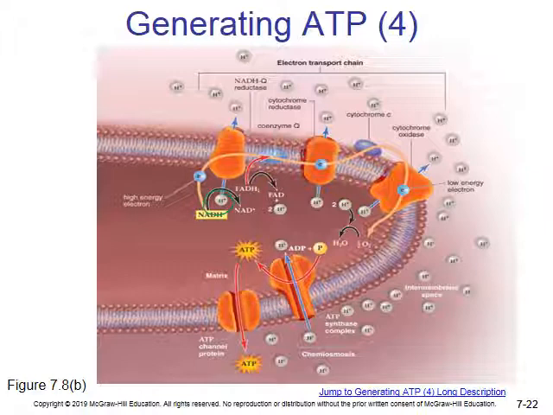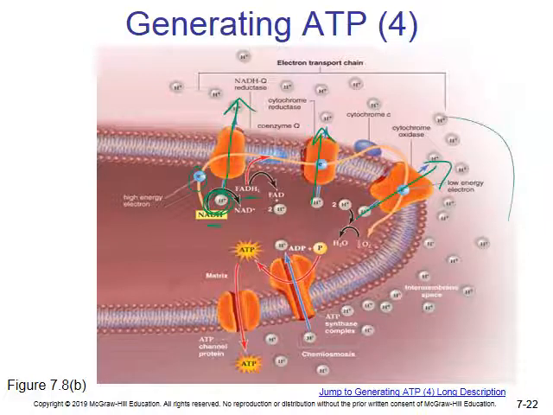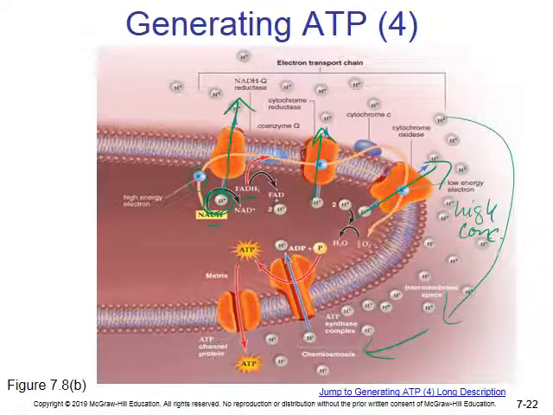Let's follow the hydrogens. We know that the NADH and the FADH drop off electrons, but they also drop off these hydrogens that are being pumped through the electron transport chain. The hydrogens are going to build up. Remember, I said they're high in concentration on the outside. So these hydrogens are going to build up and come to the other side where there's an ATP synthase complex.